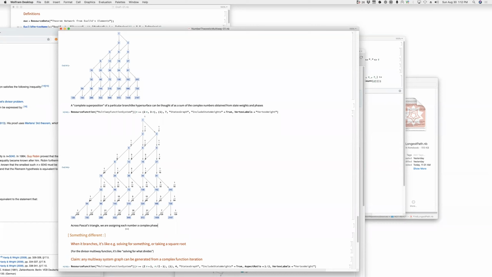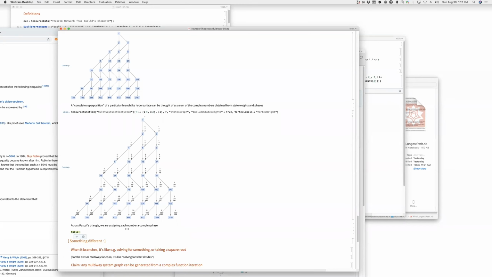So in other words, if we make a table of binomial of t comma n, n goes from minus t to t, and let's divide that by 2 to the t, t goes up to 5, for example.